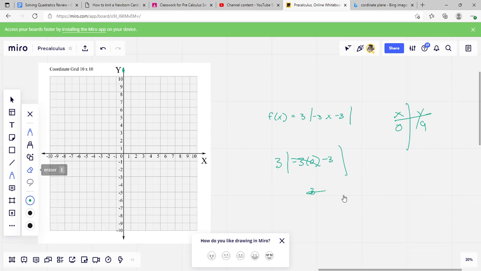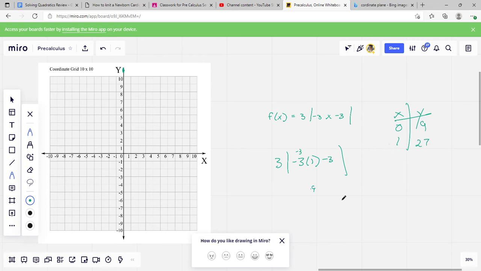What if we did 1? So if x is 1, 3 times negative 1 would be negative 3. Negative 3 times negative 3 would be positive 9. 9 times 3 is 27.